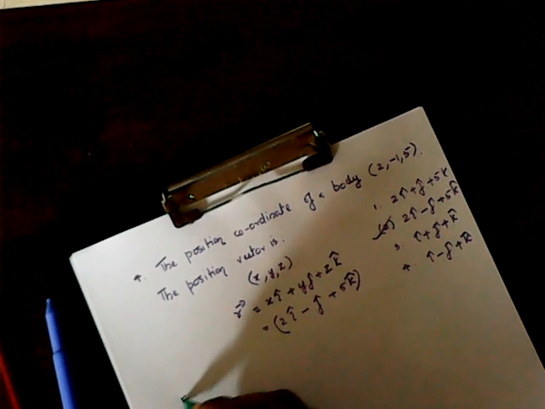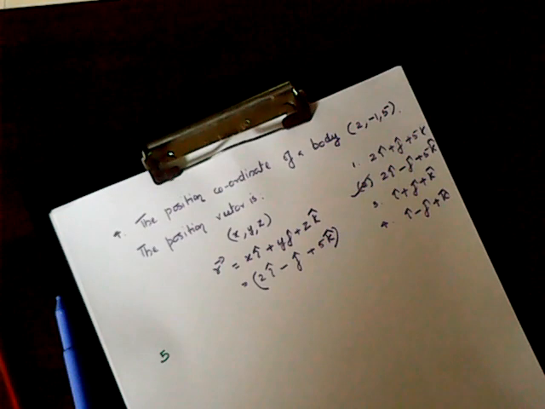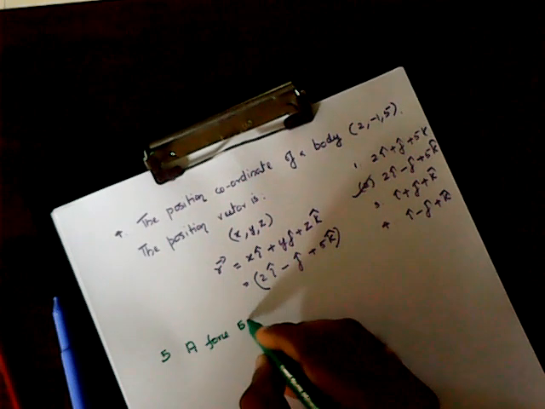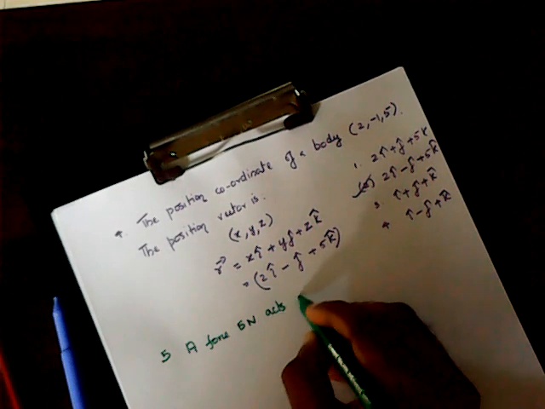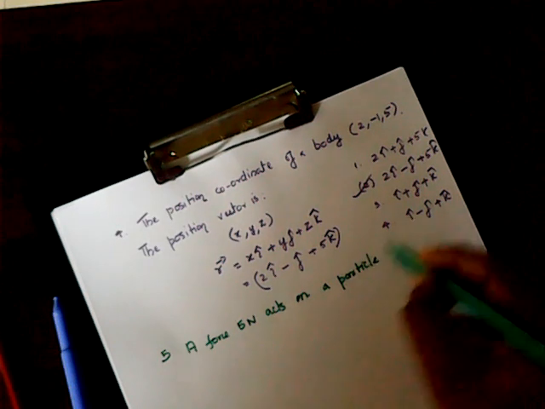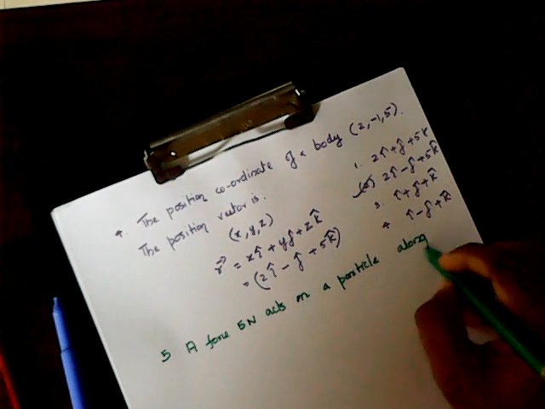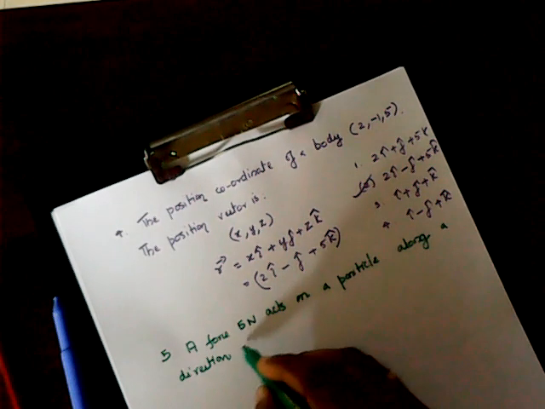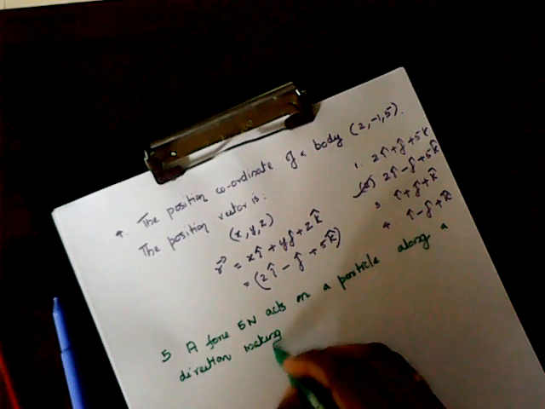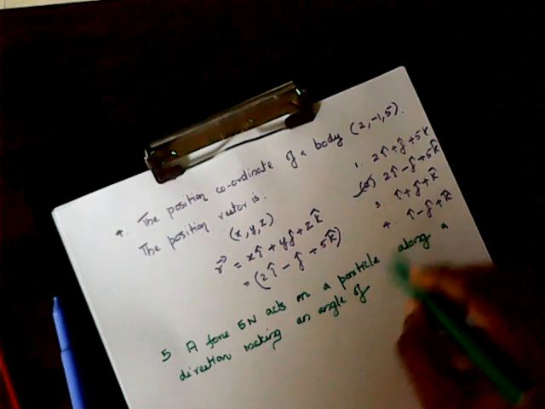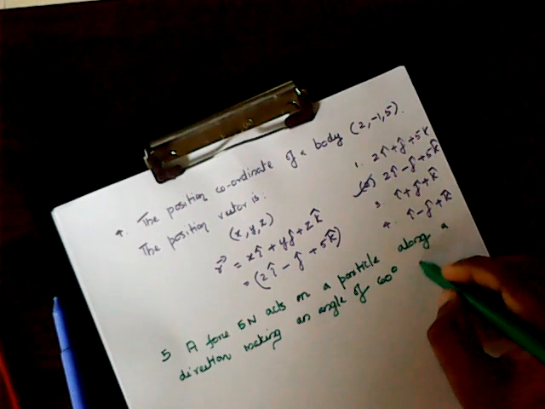Before attempting that 5, you should go through the video on rectangular splitting. Here it is given: a force of 5 Newton acts on a particle along a direction making an angle of 60 degrees with the vertical.